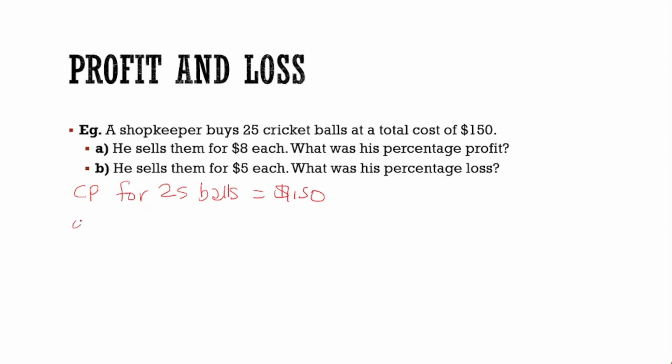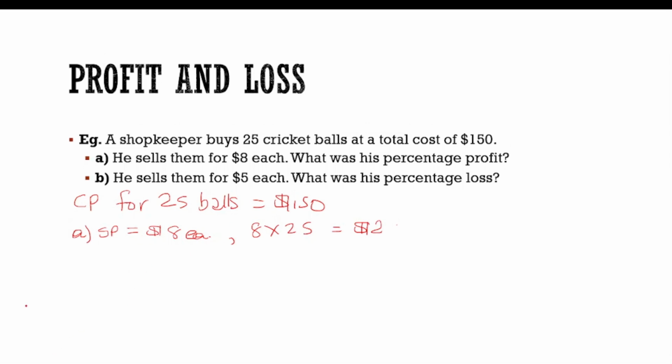And in part A, we are looking at selling price is equal to $8 each. And we had worked that to be equal to 8 times 25, which is equal to $200.